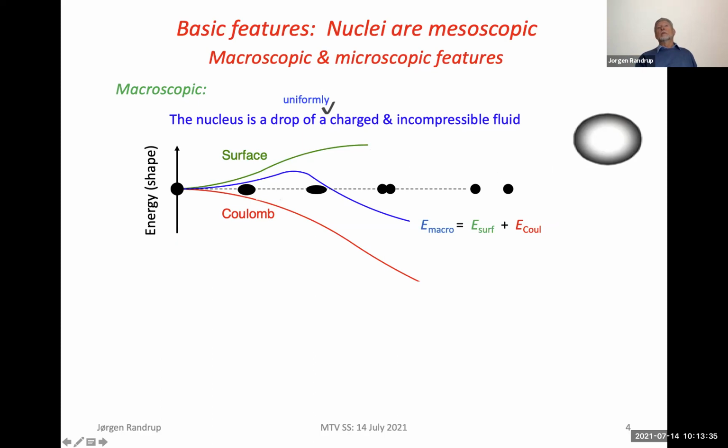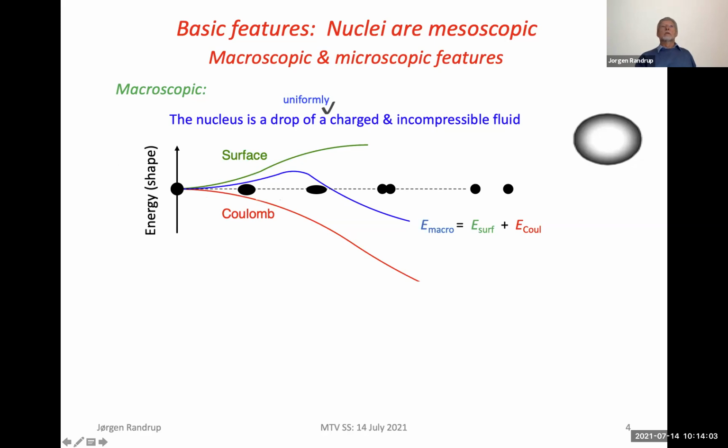Of course, there's a limit. At the end, you can't go up anymore once you have split. At the same time, you move the protons further and further apart on the average, so the Coulomb energy goes down. So you have this competition between the surface energy and the Coulomb energy. In the beginning, the surface energy goes up twice as fast as the Coulomb energy, but in the end, the Coulomb energy wins. So the total combined macroscopic energy goes up and goes down.